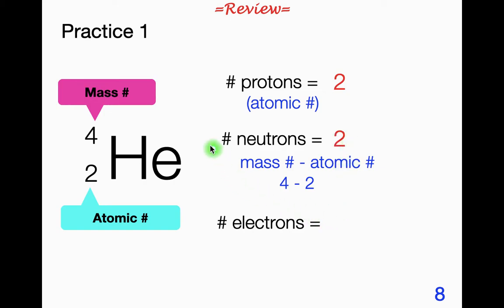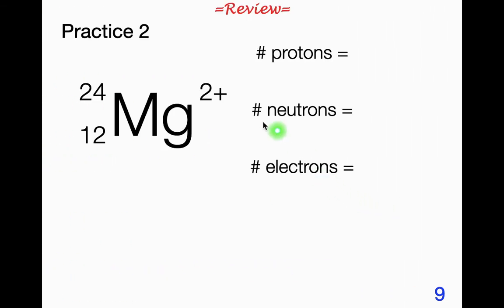The number of electrons, you can already tell we have 2 because there's no charge, so we must have the same number of protons as electrons. Or we could say the atomic number minus the charge, 2 minus 0, gives us 2. Let's do another one. Now remember, you can press the space bar anytime you want to try these things yourself without watching me walk you through it.